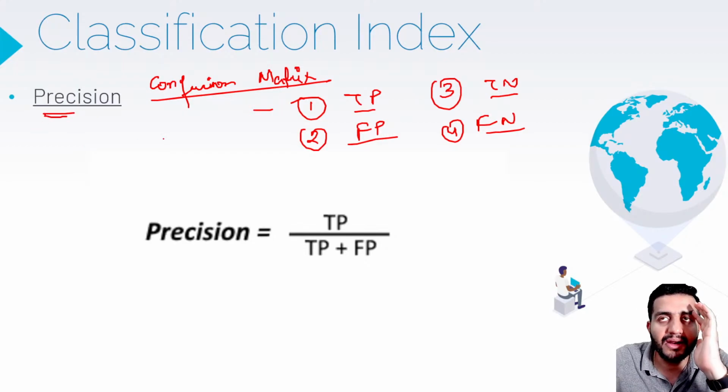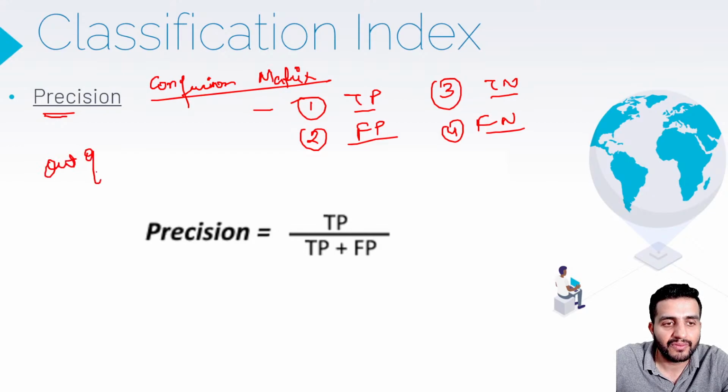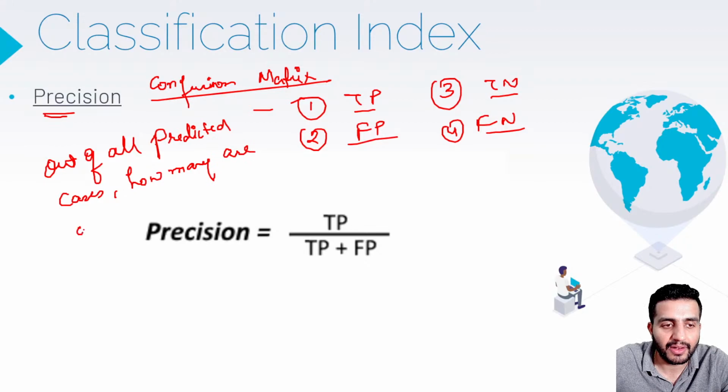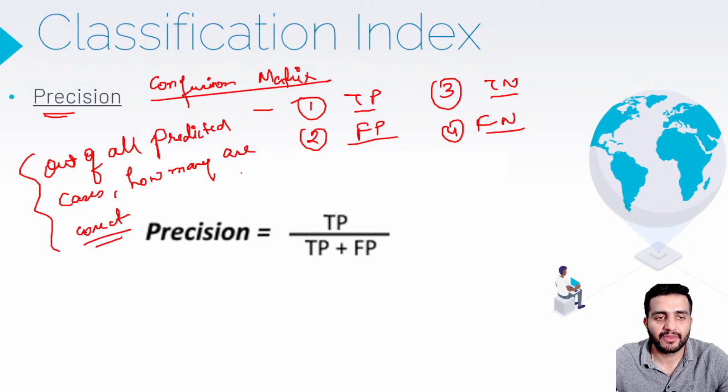Precision, as the term also suggests, in simple language says: out of all predicted cases, how many are correct? That is the definition of precision. Not a bookish definition, just a logical definition. So out of all the predicted cases, how many times am I correct?